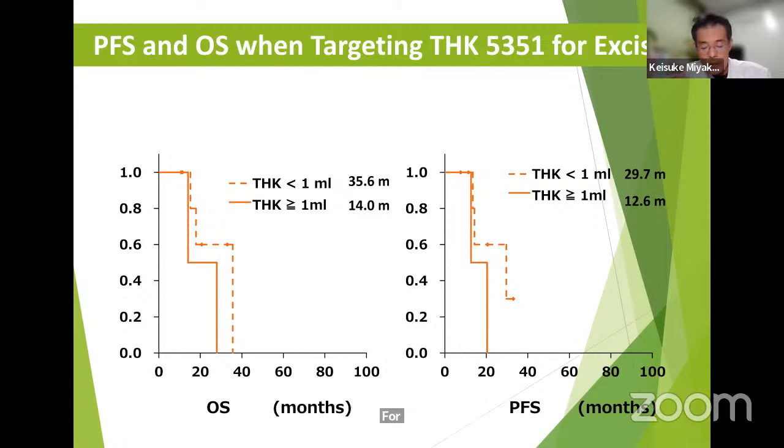Furthermore, these results show that reducing the remaining volume of THK5351 to less than 1 milliliter has resulted in a longer extension of progression-free survival and overall survival compared to reducing the remaining volume of methionine to less than 1 milliliter.